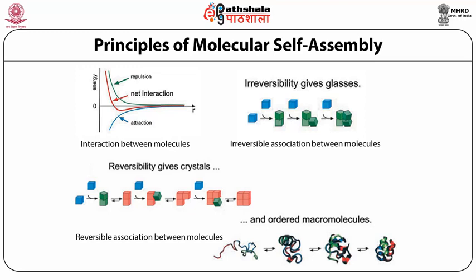Next, irreversibility gives the glasses, that is, irreversible association between the molecules. Reversibility gives crystals as shown in this figure, where there is a reversible association between the molecules, and finally we get the ordered macromolecules.